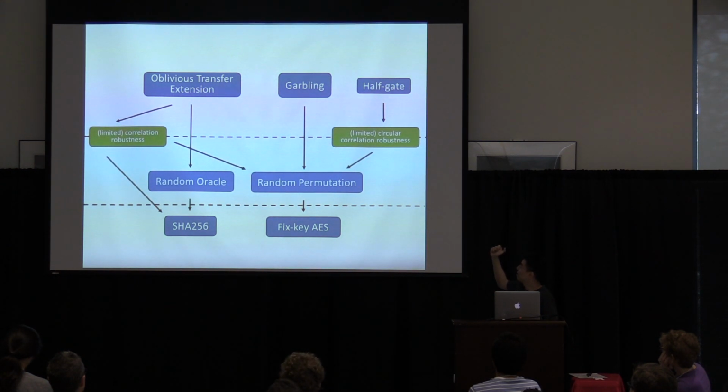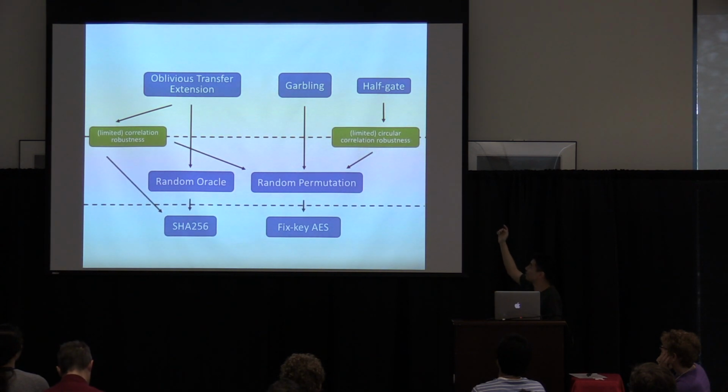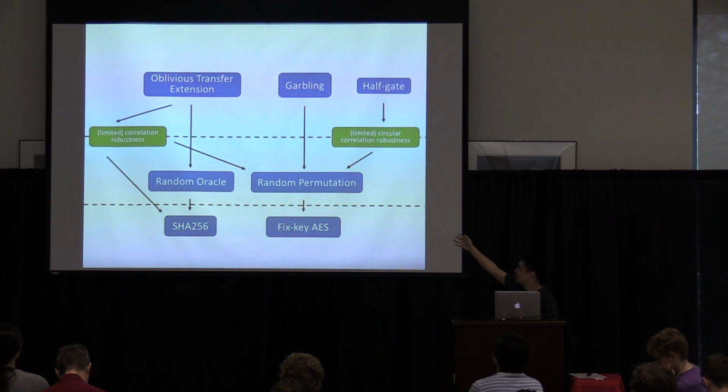And then in the implementation, a lot of implementations choose to instantiate that hash function using a random permutation, or directly assume that SHA is this kind of pseudo-random object. On the other hand, we also have, say, half gates, which propose a limited circular correlation robust notion and then show that this notion can be instantiated from a random permutation.